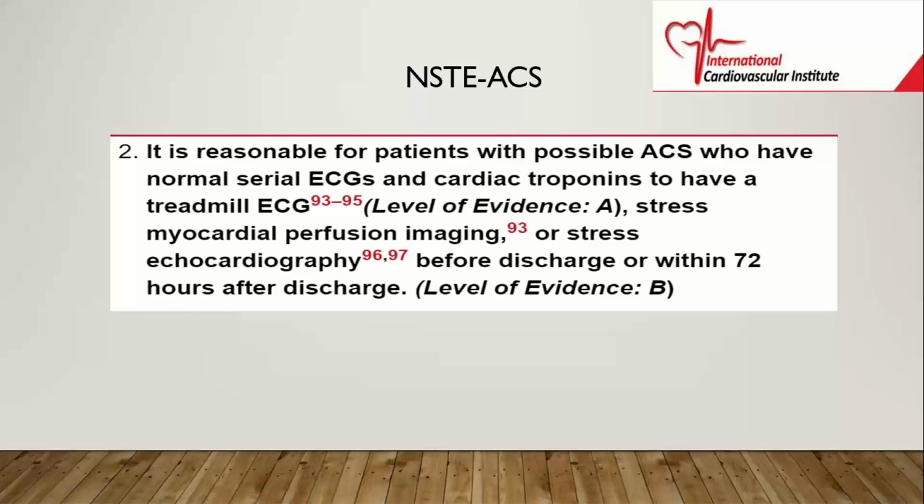You can do a stress ECG, or you can do what we call a myocardial perfusion scan or a stress echo. It depends on, if the ECG is completely normal, no STT changes, you can just do an exercise treadmill test. However, if the ECG is abnormal, you have STT changes, you may want to do your myocardial perfusion imaging. It's the nuclear study, or you can do a stress echo.